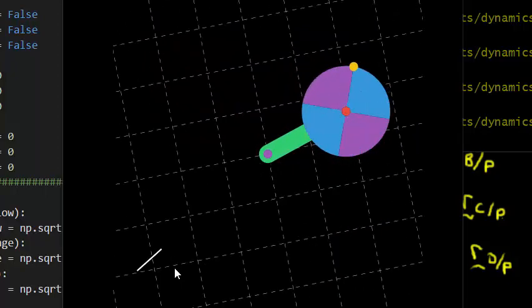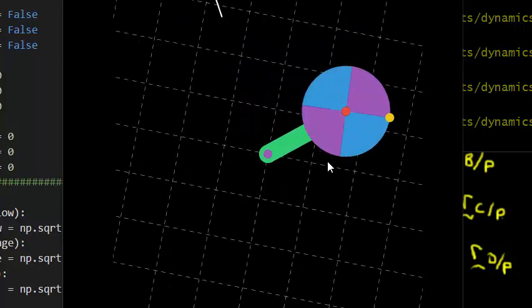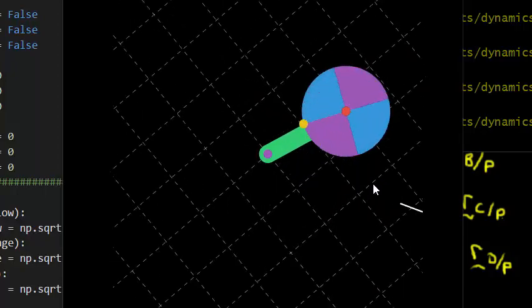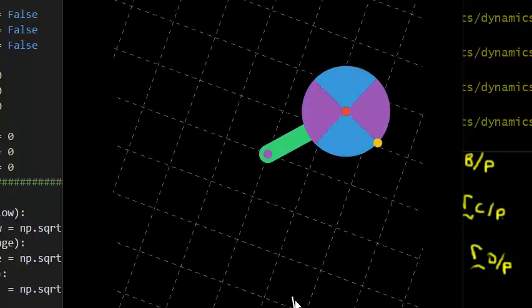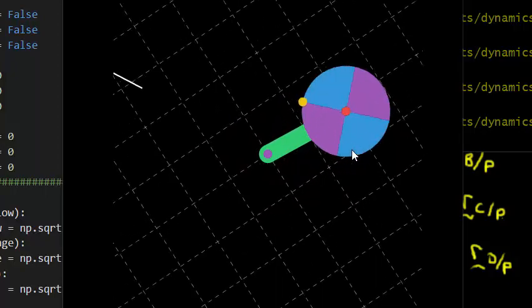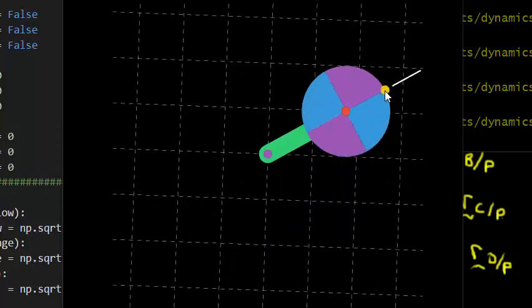So what I want to do is look at this reference line right here. And I want to look at how many revolutions the disk makes as the rest of the world goes through one complete revolution. You get that? So as this thing goes around one complete revolution, I want to count how many times the disk goes around. So here we go. Here's the beginning.